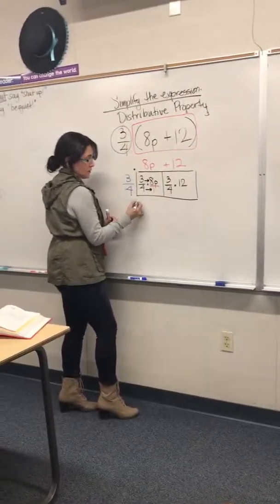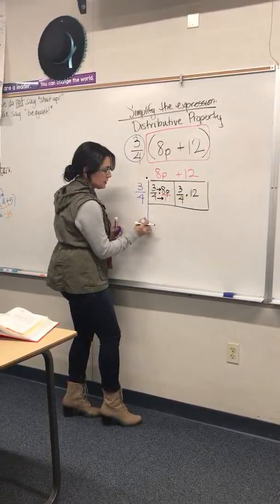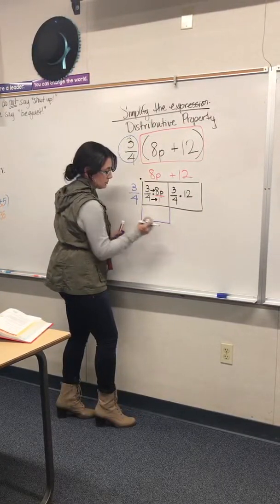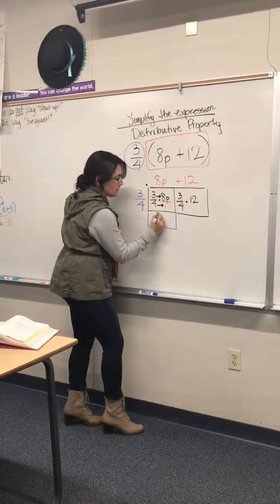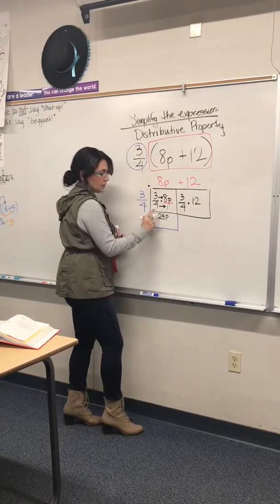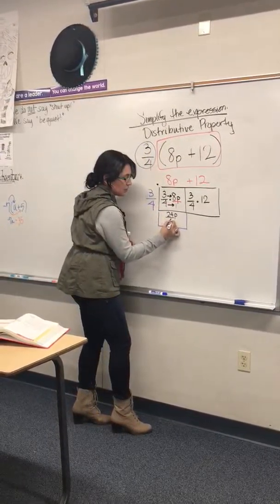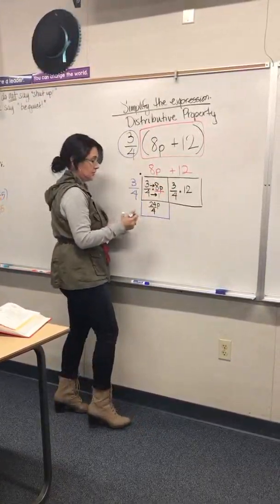So in the first box, I'm going to put a little answer box underneath to help me out. 3 times 8 is 24p, can't forget about the p, over 4 times 1 is 4. I'm going to simplify at the end. I just want you to see what I'm doing right now.